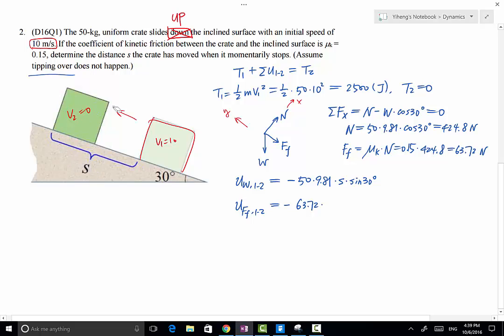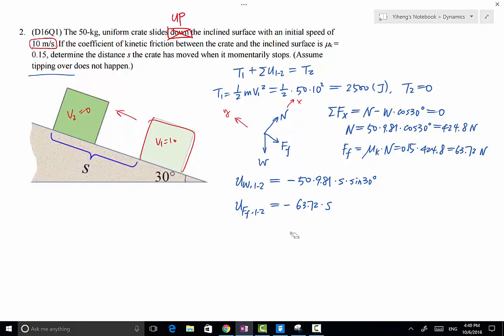The displacement is always along the same line of action as the frictional force, even though it's in the opposite direction. Therefore, the displacement is simply s. This negative sign indicates that the displacement and the force are in opposite directions. Therefore, the frictional force is doing negative work.